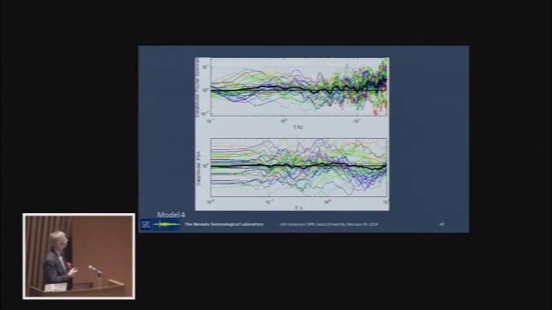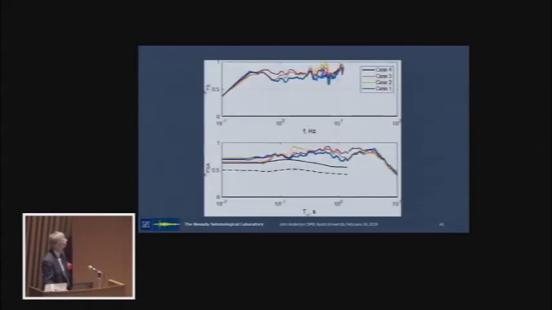This would seem to suggest that we can calibrate our ground motion synthetics to give the same answer as the data, even if the GMPEs are not giving the same answer.